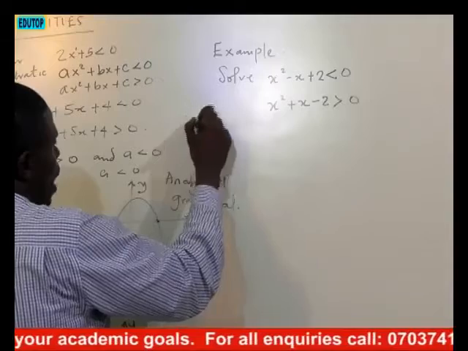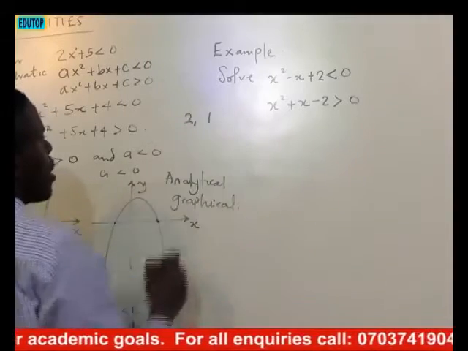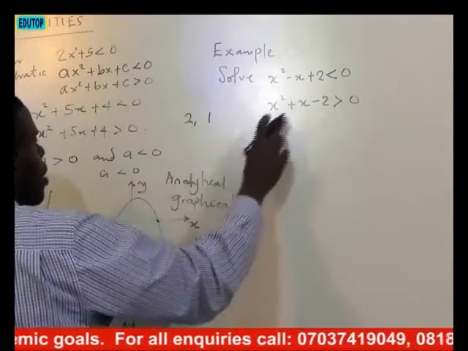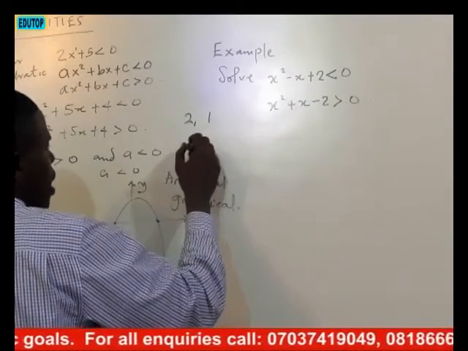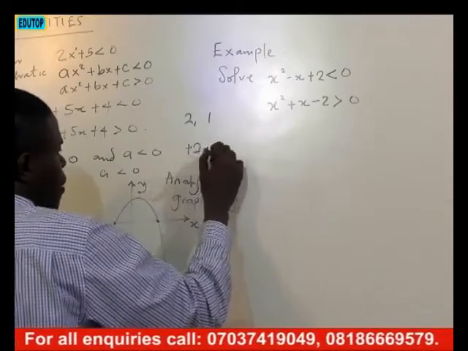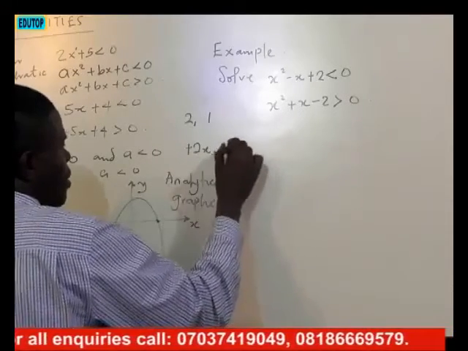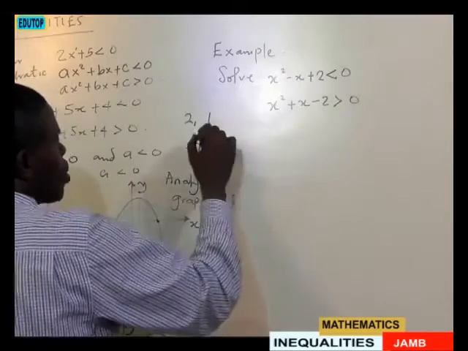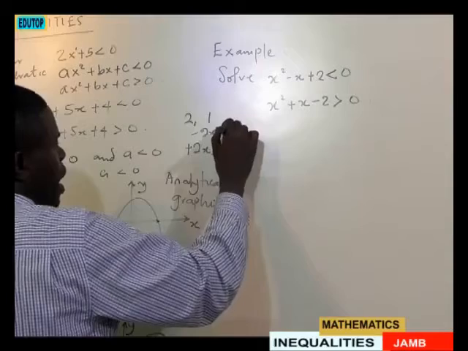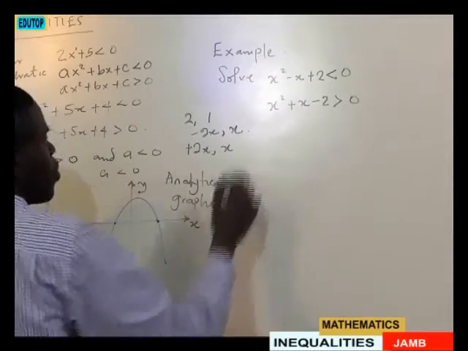We have 2 and 1. So the only condition that I can have this is when we have plus 2x and x. Then in this condition you have minus 2x and what? x. Minus 2x and x.